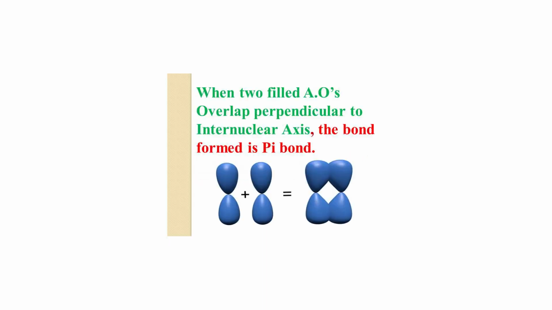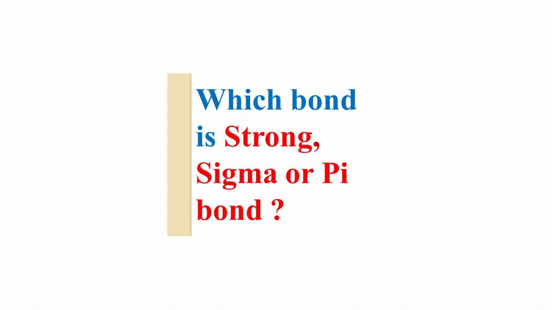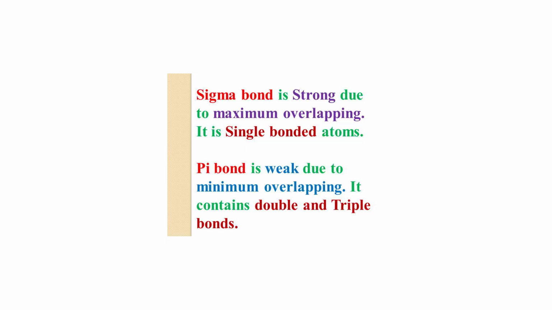When two half-filled atomic orbitals overlap perpendicular to internuclear axis, the bond formed is known as pi bond. Which bond is strong, sigma or pi bond? Give the reason. Sigma bond is strong due to maximum overlapping. It is a single bonded atom.